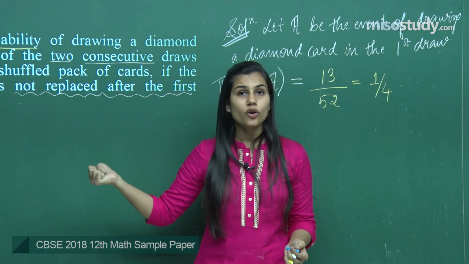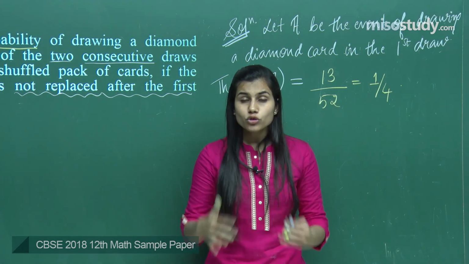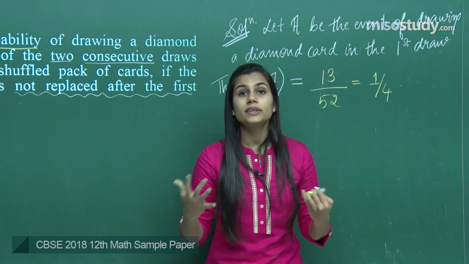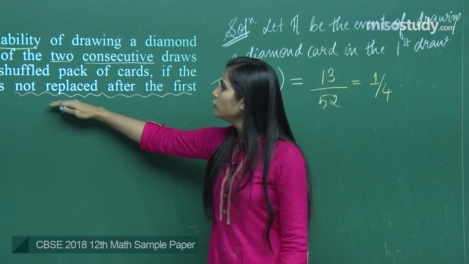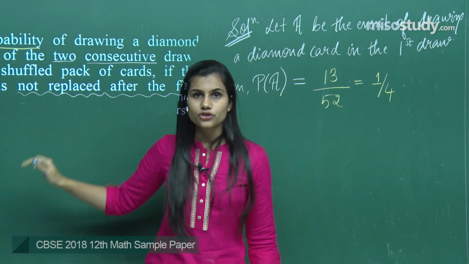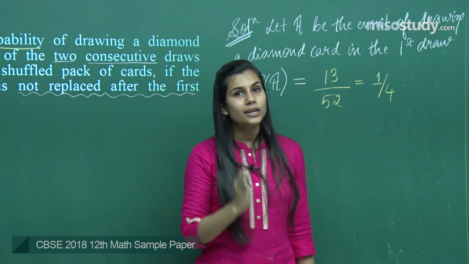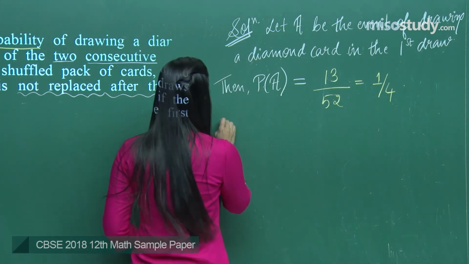Now because one is already exercised, you are left with 12 favorable outcomes out of the total number of outcomes, which is 51. Because the card is not replaced after the first draw, my favorable outcome and total outcome both are reduced by 1.